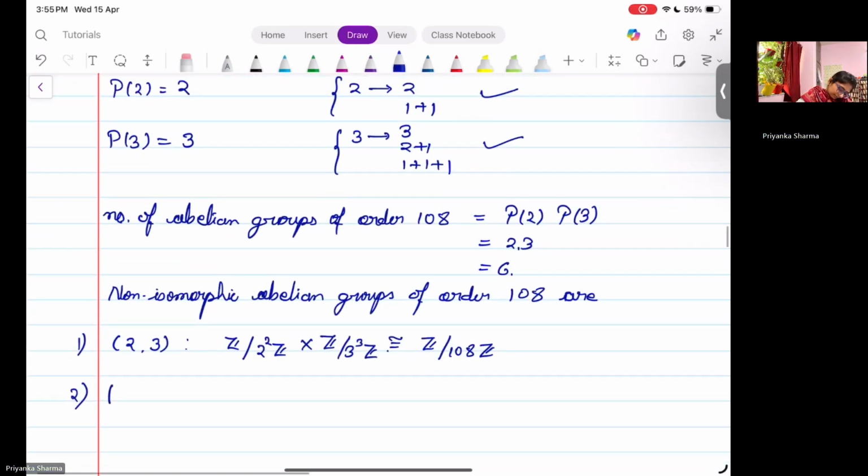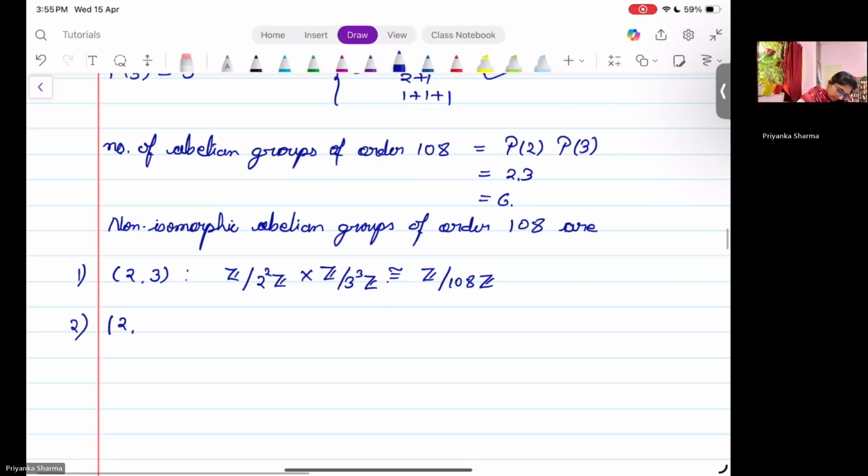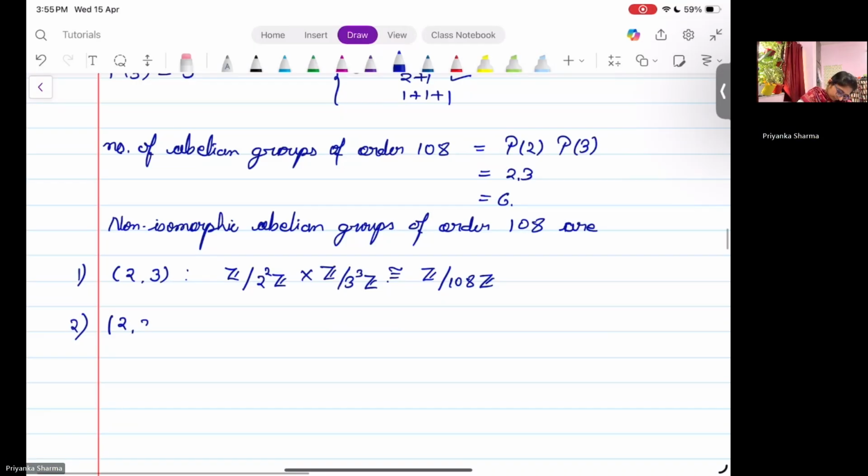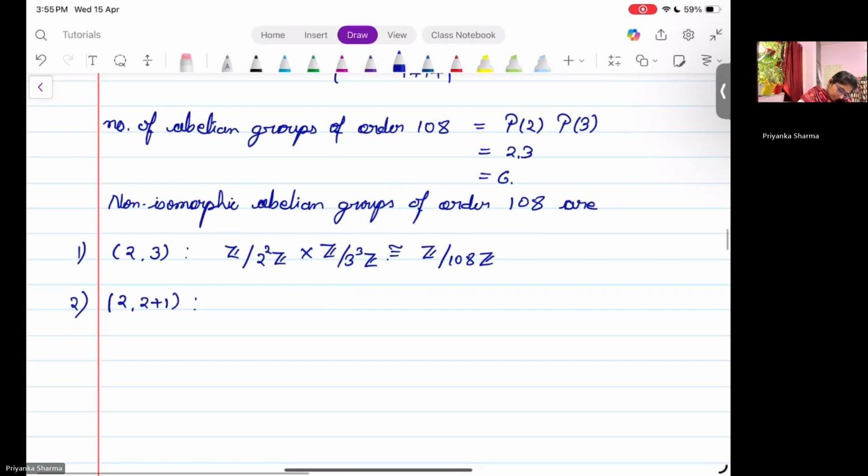Second one, we will take the first partition of 2, that is this one. We have used this partition of 3, now we will use this one, 2 plus 1. Corresponding to this, we will have a second abelian group, which is Z mod 2 square Z cross, now we will split the power of 3 into these two parts. First, power of 3 is 2, and here we will take power of 3 is 1.